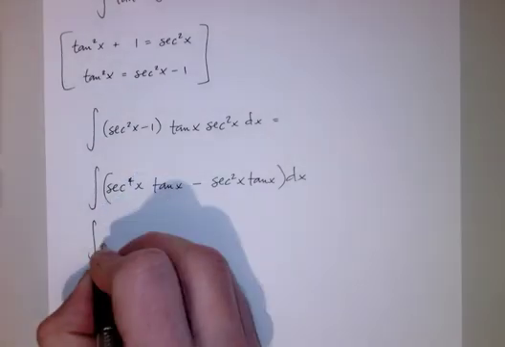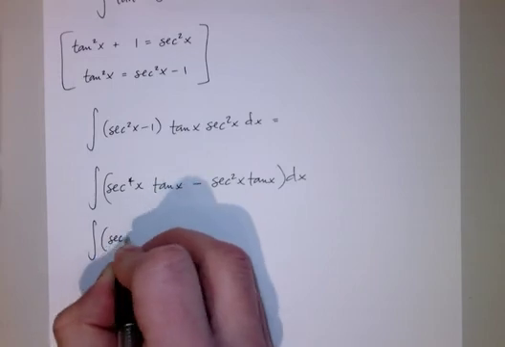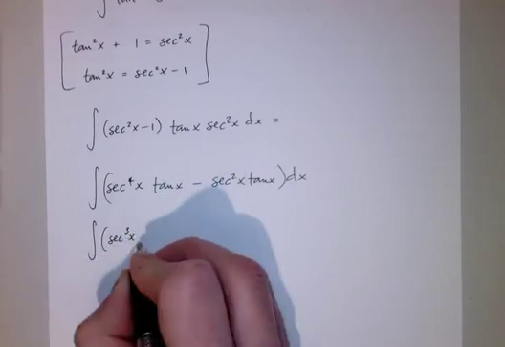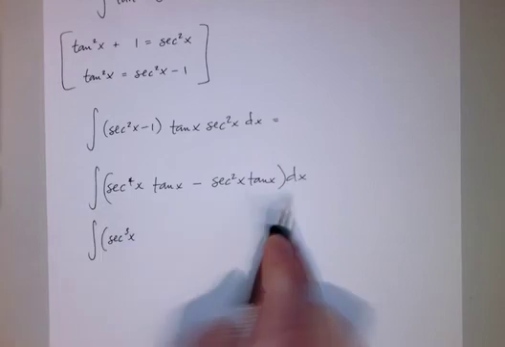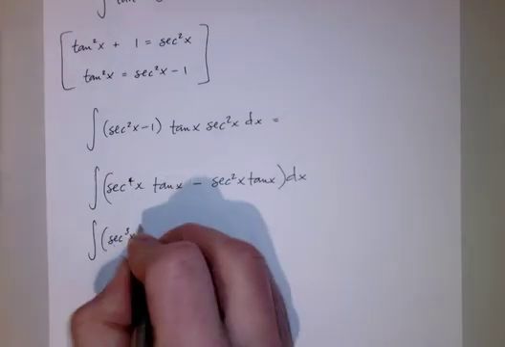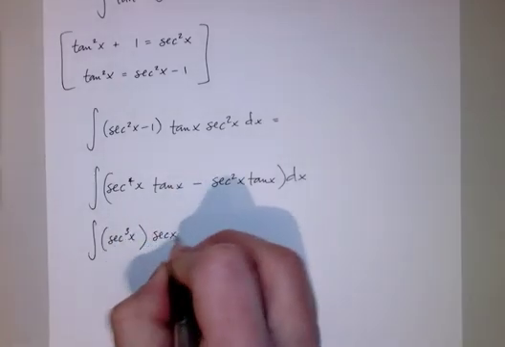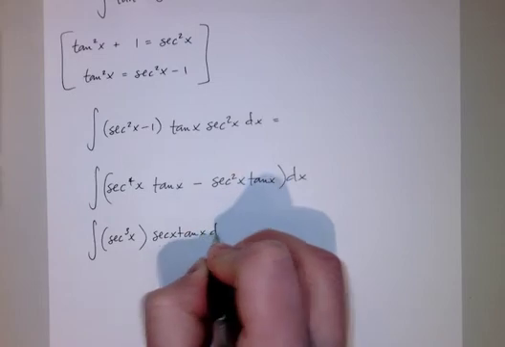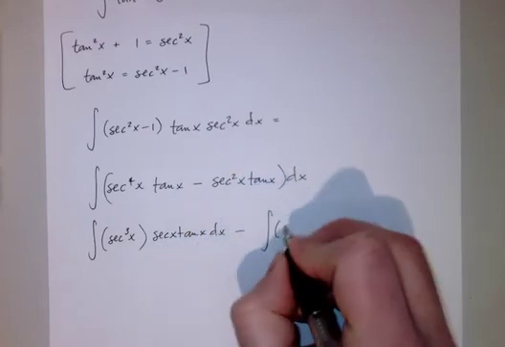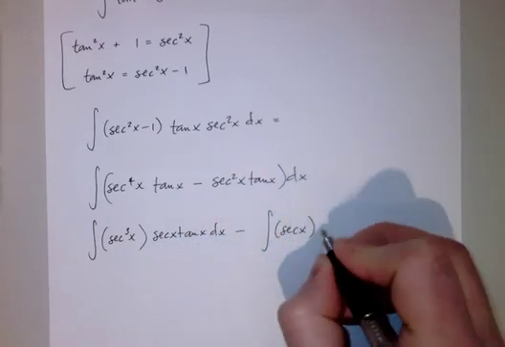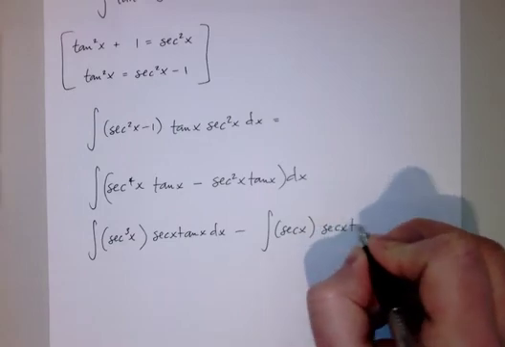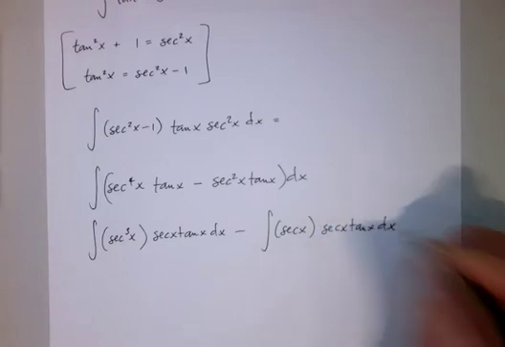But if we further break this apart, we know that secant cubed x, and I'm going to break this into two separate integrals, secant x times secant x tangent x dx minus secant x times secant x tangent x dx.